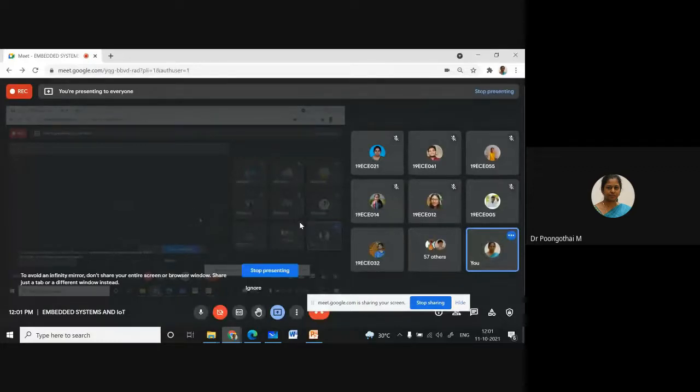Can anyone explain the code? Have you tried it out in Keil MicroVision? Yes or no? No, ma'am.